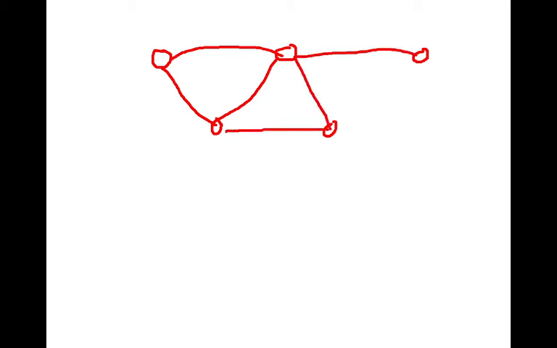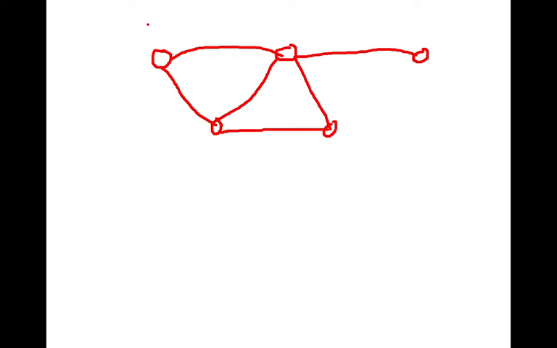So in real world scenarios, these nodes may represent, for example, cities, or may represent a friends network, for example in social networking websites like Facebook, LinkedIn.